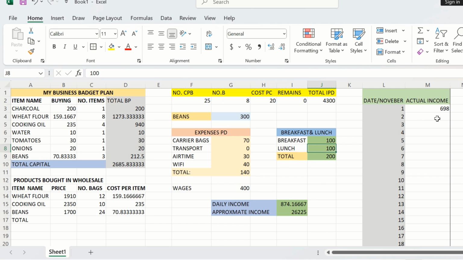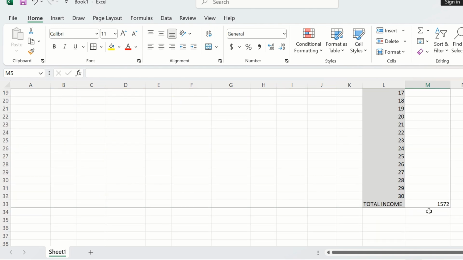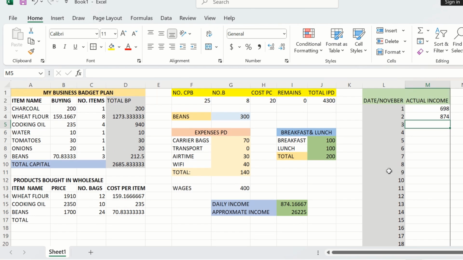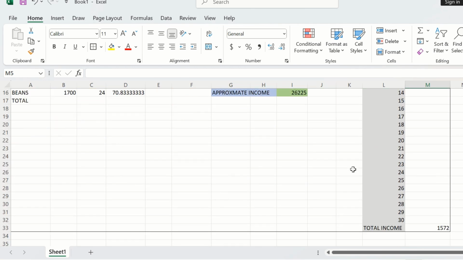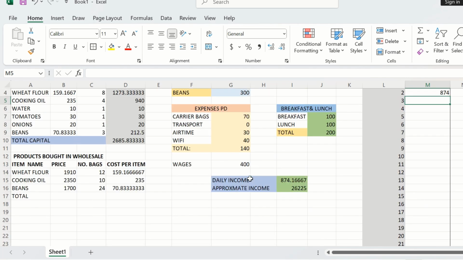So you come and adjust or update on your actual income, 874. You see, you are updated. So at the end of the day, you'll find that you have the track of everything that you are earning on the daily basis, as well as on a monthly basis.